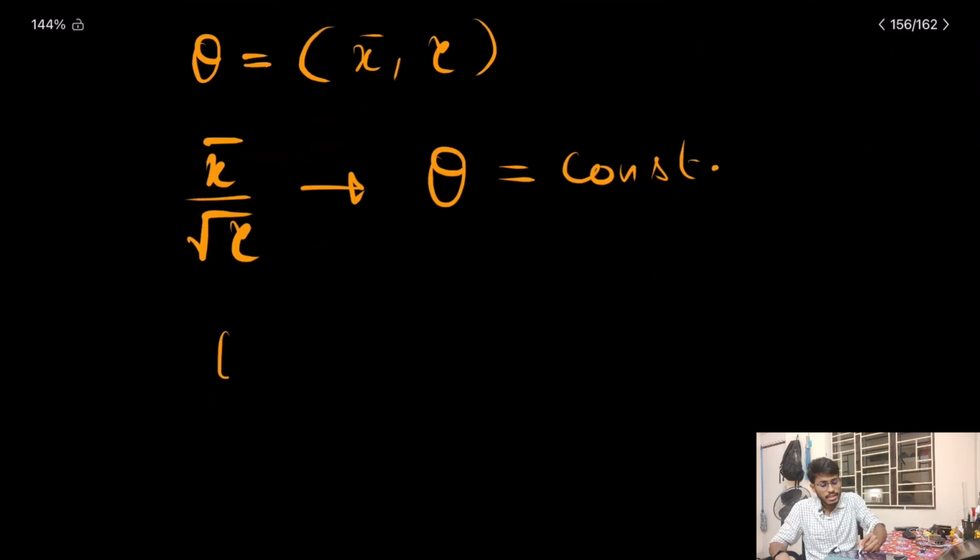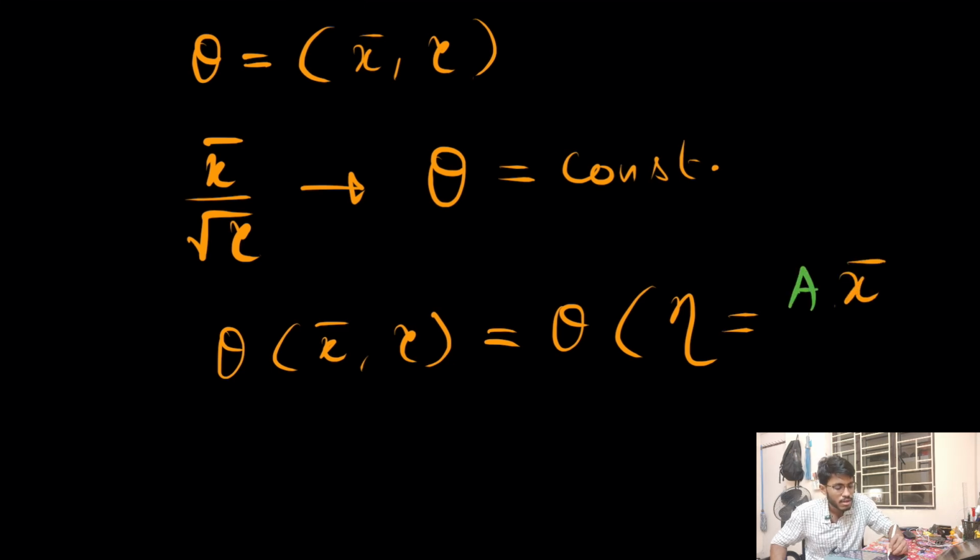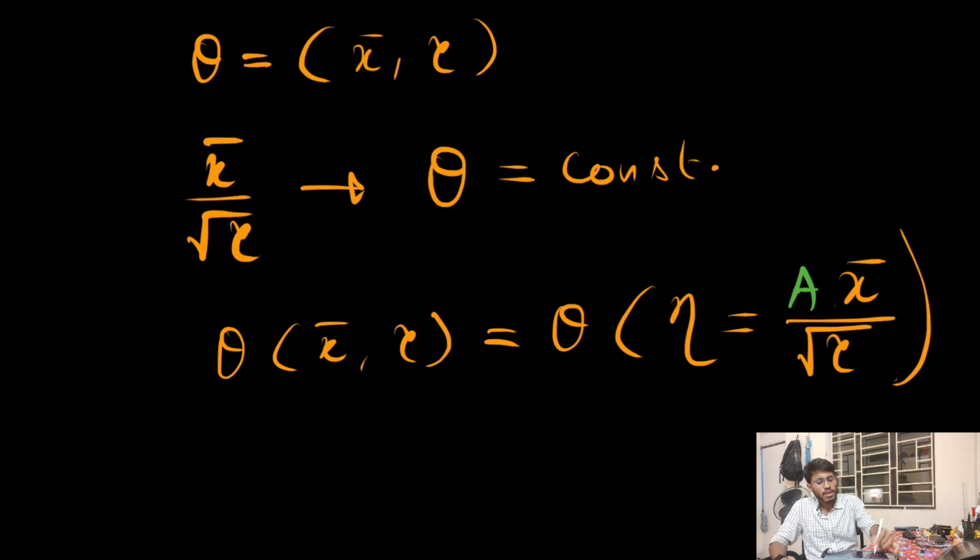Okay, then I can write this is equal to a single variable eta, that is equal to some constant a into x bar by root tau. Okay, now you will ask that why some constant a? I mean, from where it has come?